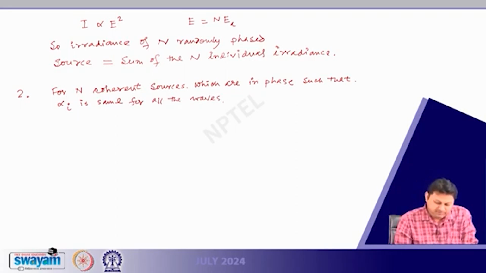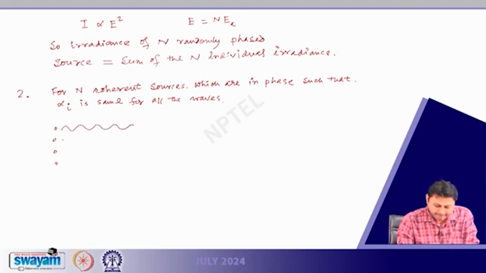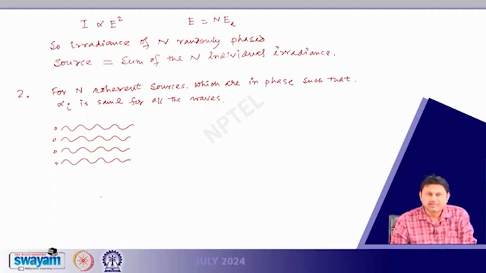In that case, let me draw the figure. There are n number of sources, and these sources are emitting waves in the form of light, say, with the same phase. Their phases are the same.